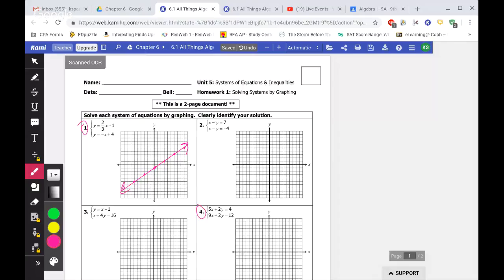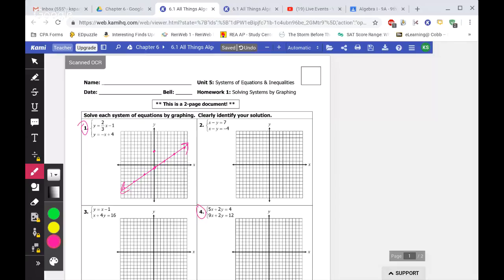All right, now the next one, what's the y-intercept for the second equation? +4. Good job. 1, 2, 3, 4. So you plot that first. Now what's our slope for that one? -1/1.